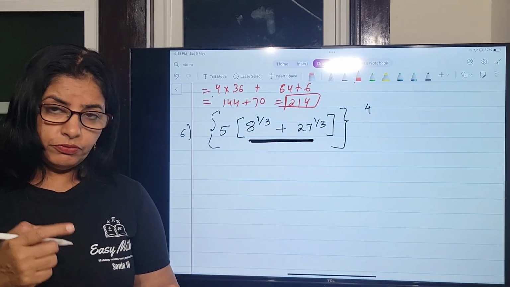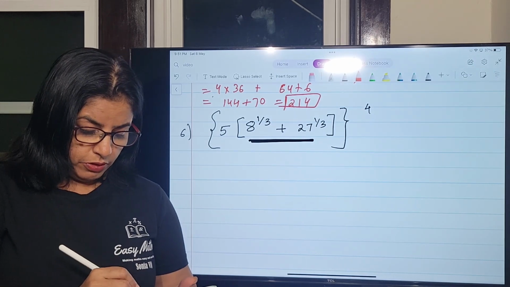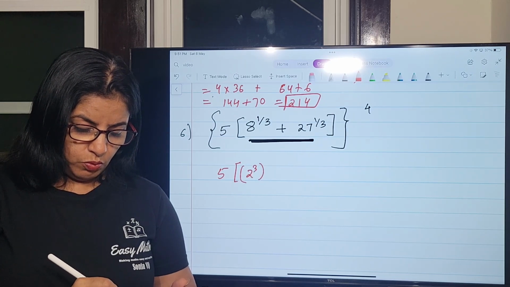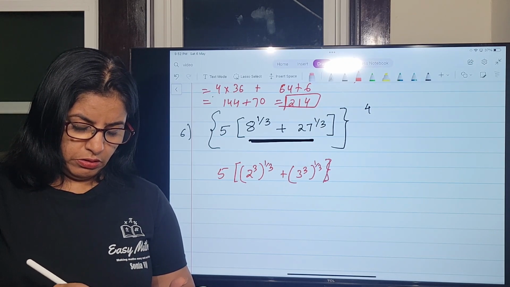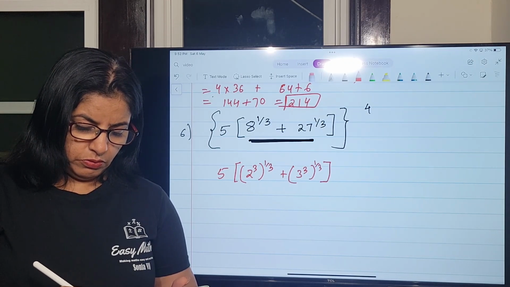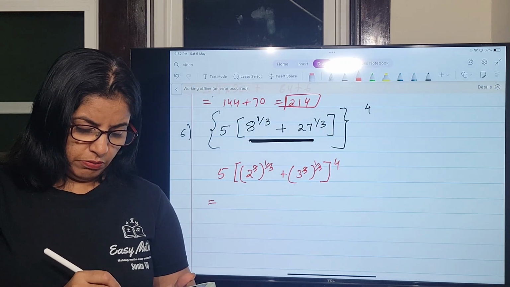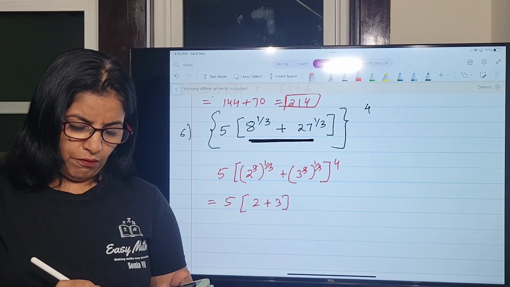So first, since there is no negative number, I'll change the composite to the prime. This becomes 2 cube to the power 1 by 3, 3 cube to the power 1 by 3, cancelling this becomes 5 to the power 2 plus 3 to the power 4.